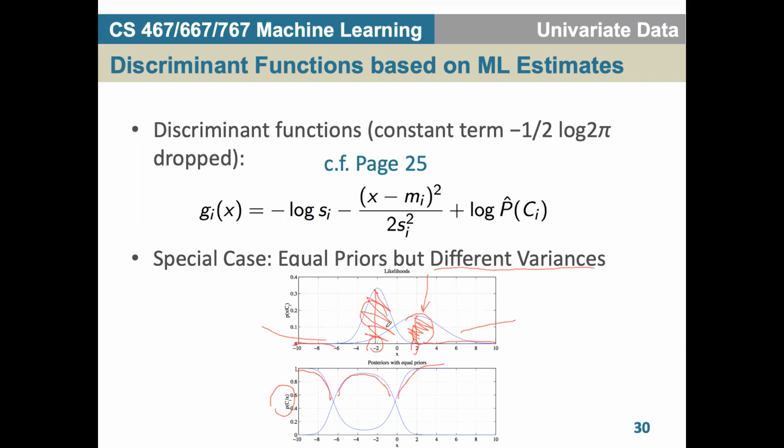If most of your area is concentrated here, you win in the middle, very close to -2. But far away, this guy wins. This is C2, this is C1. Any questions?